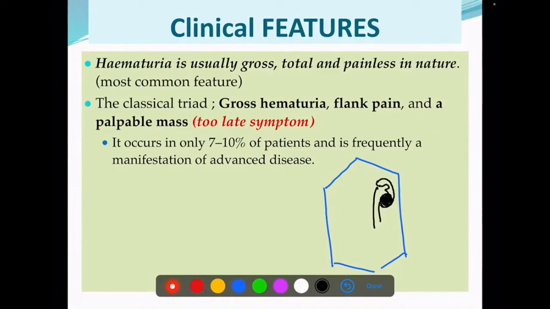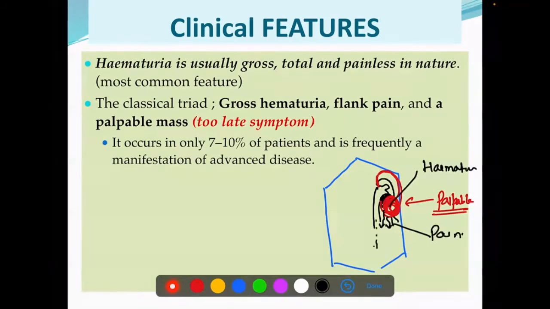If it is very big, the kidney becomes enlarged and the tumor becomes enlarged, then you can palpate it from outside. And obviously when it is very large, it invades the surrounding structures, causing pain, and there will be hematuria.